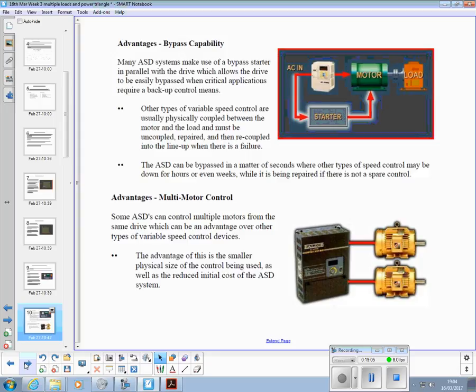Bypass capability. Okay, many ASDs make use of a bypass starter in parallel with the drive. So if you want to do maintenance on the drive, you can have a starter alongside that will bypass it. So you can bypass the ASD, go direct online, do maintenance on or even replace the ASD drive, and keep the motor and plant running.